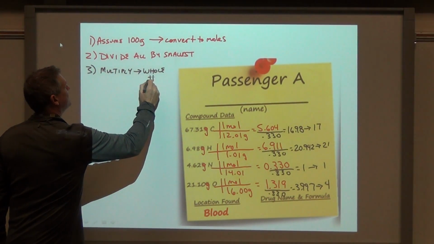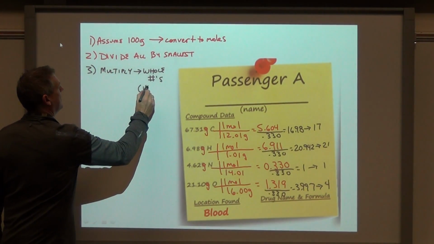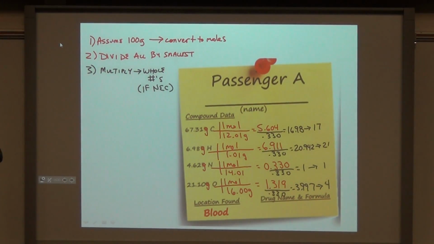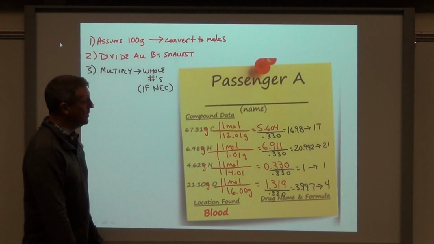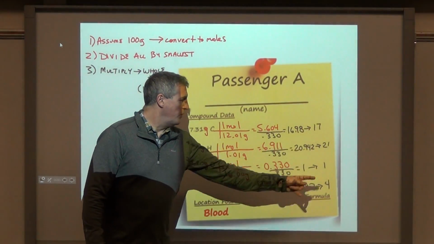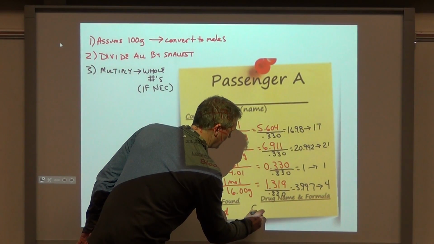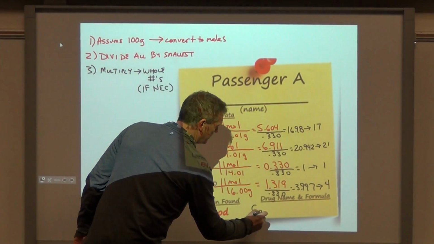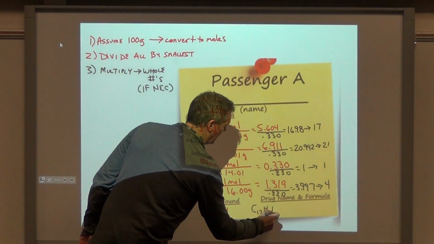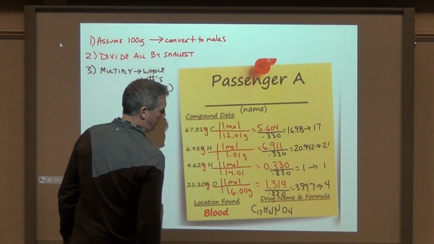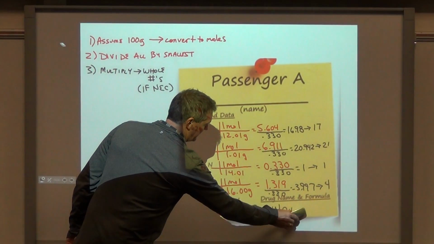Multiply to get whole numbers, if necessary. We don't have to. We already got them. So our chemical formula is C17H21NO4. I wrote that very poorly.